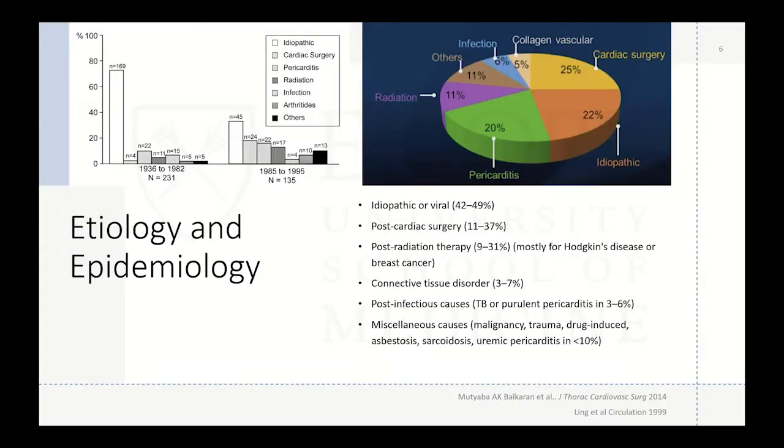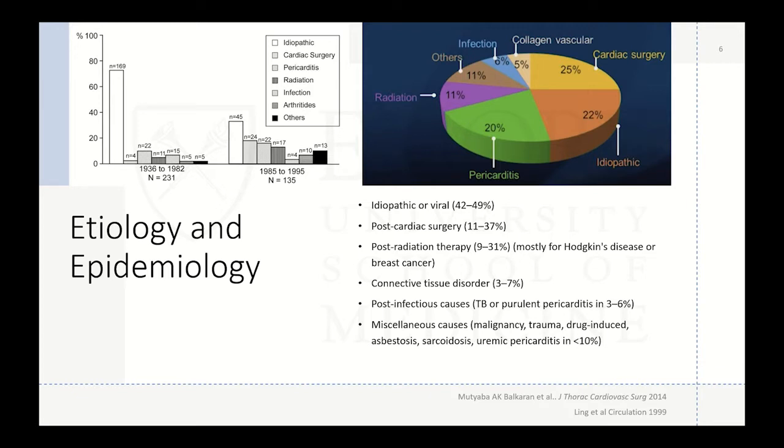When we talk about epidemiology, the 20th century has been a major transition from an epidemiological standpoint. As you can see from this study, published in 1999, they compared 231 patients from 1936 to 1982 to the late 20th century, 1985 to 1995.